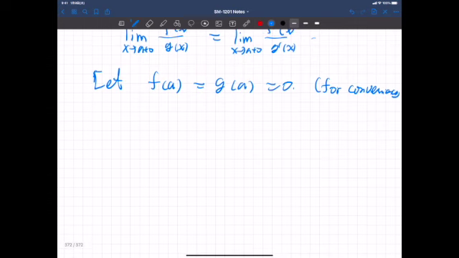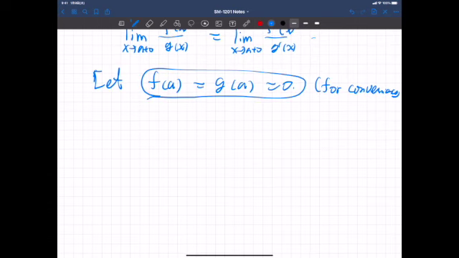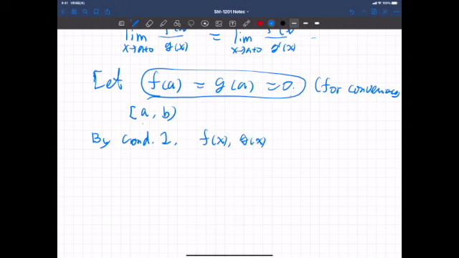But now, since we define the values at a to be 0, these functions are defined on this semi-closed interval from a to b, including a. And now by condition 1, f and g are continuous on this interval, a to b, including a.